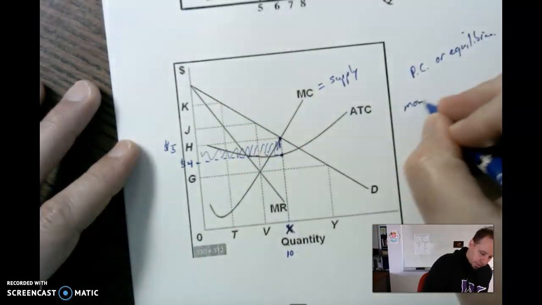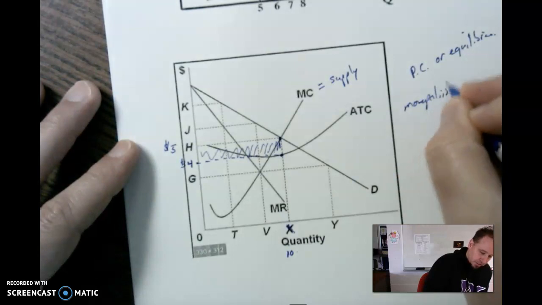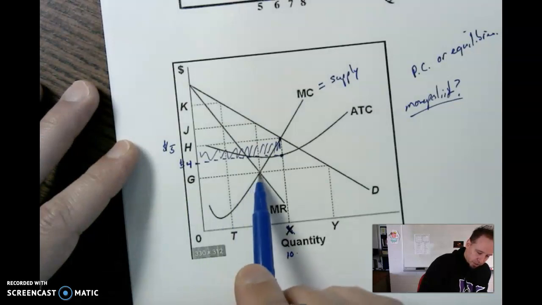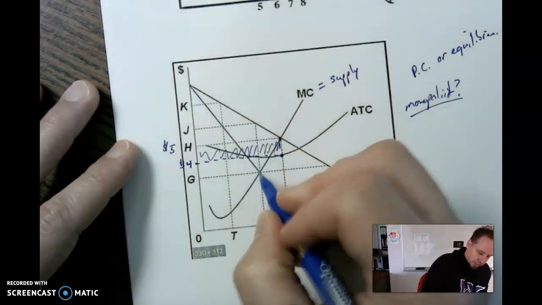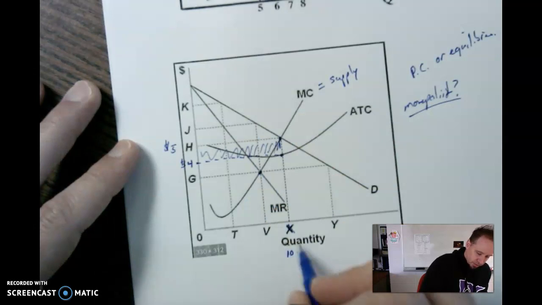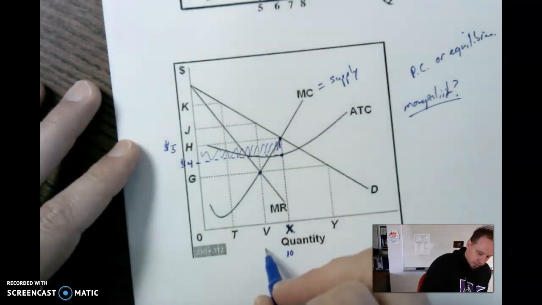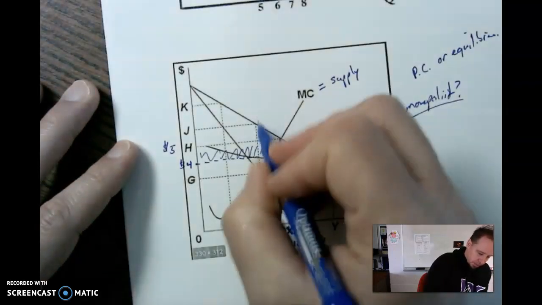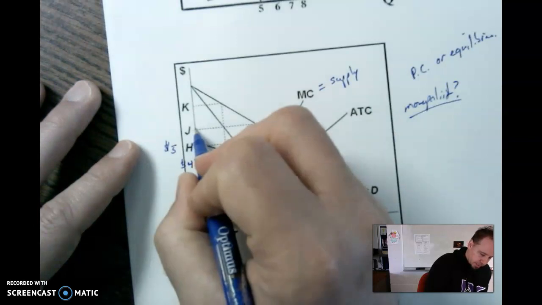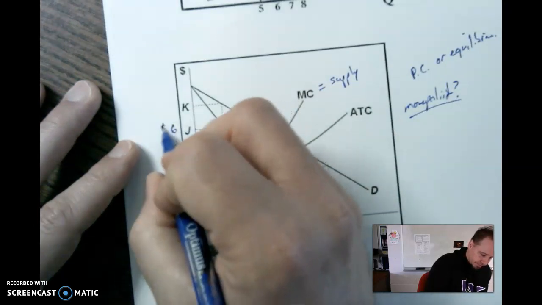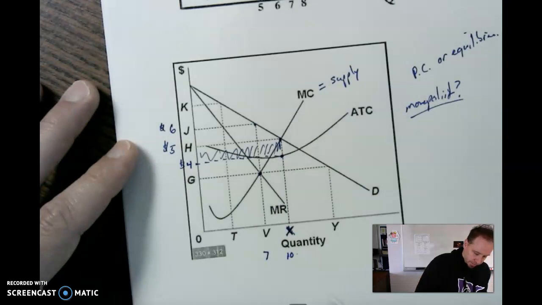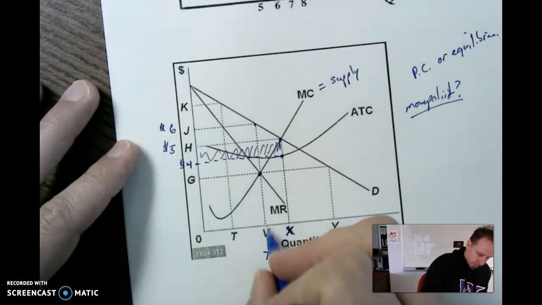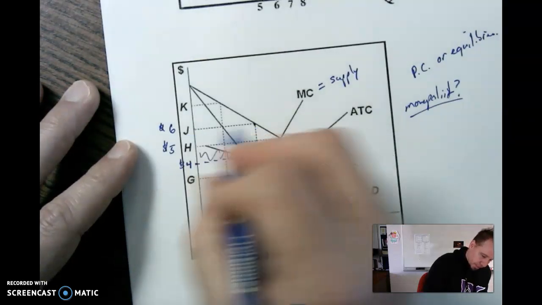Now, the monopolist or the oligopolist, where are they going to produce? That's where you come down and find where the marginal cost curve hits the marginal revenue curve. That's going to be less. We'll just say this is a quantity of 7, and we come up and hit the demand curve at a price of 6. The marginal revenue curve gives the output level, and then you go up to the demand curve to find the price.